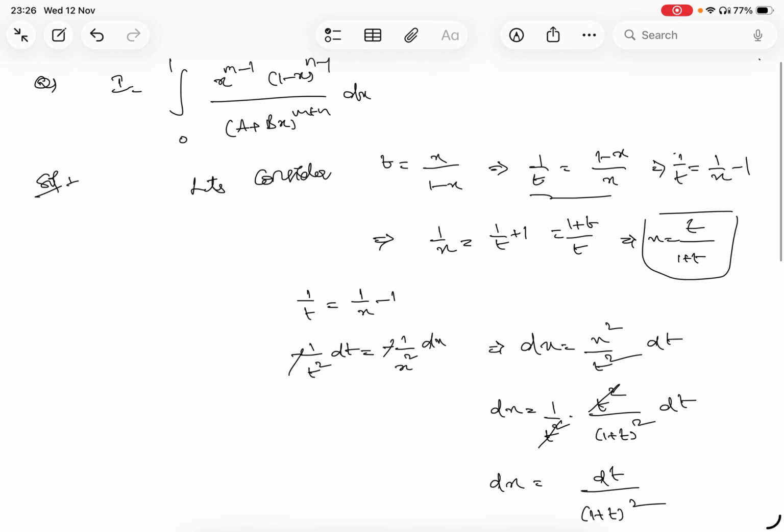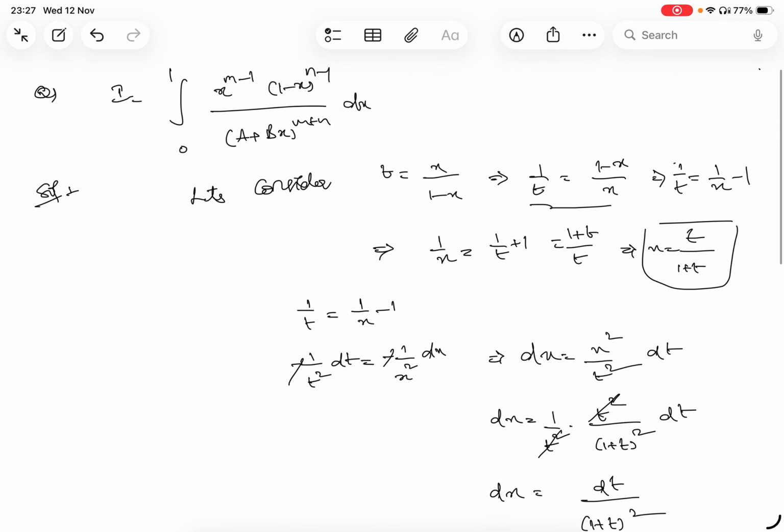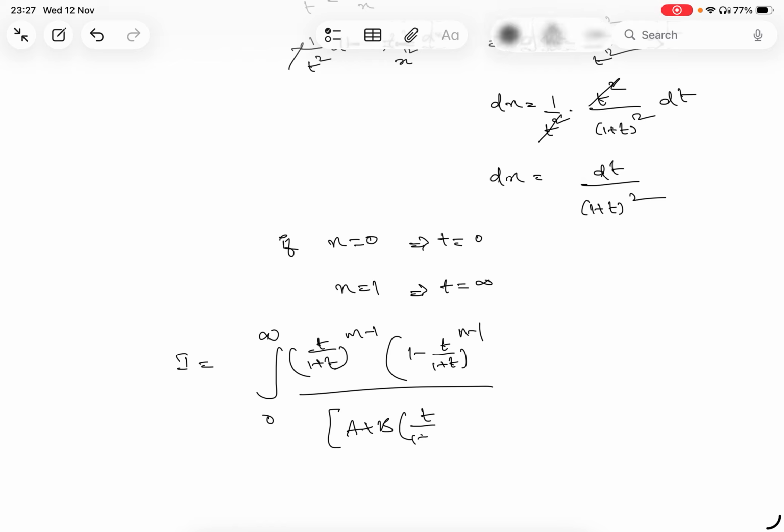Then let's write I value here: integral 0 to infinity x power m minus 1. What is x? t by (1 + t), whole power m minus 1, into 1 minus x whole power n minus 1. 1 minus x, which is 1 by (1 + t), whole power n minus 1, divided by a plus b into x, where x is t by (1 + t), right?